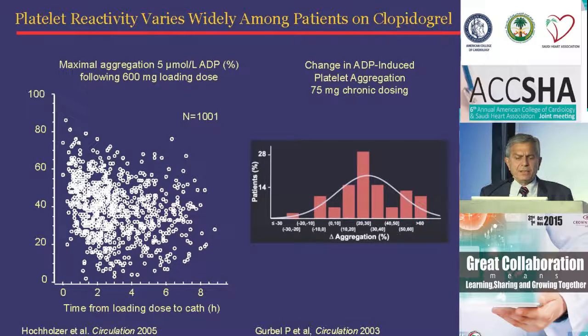So to look at the different properties between these drugs, I want to remind you that clopidogrel works as a prodrug. It is an ADP receptor antagonist. However, it needs to be oxidized by the hepatic cytochrome P450 to generate the active metabolite.